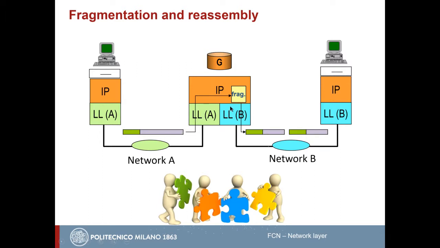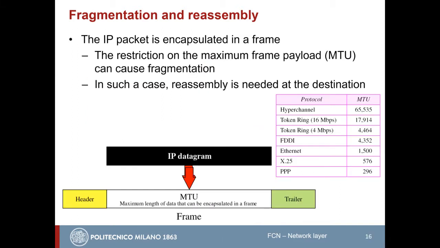Then we arrive here, and in this network B, the frames are shorter, so we have to fragment the packet. Fragmentation is carried out by the IP layer, so that now the implementation of layer 2 will get only shorter packets that fit into the frames.